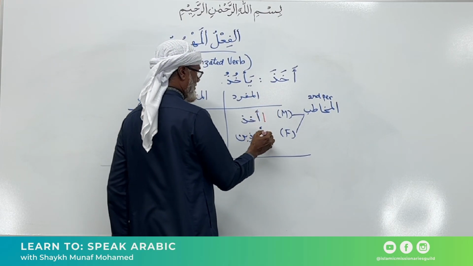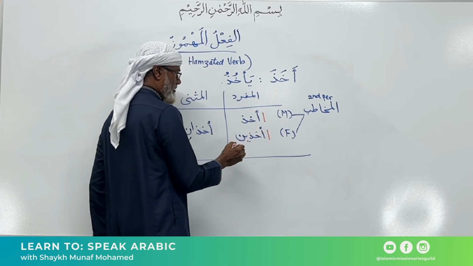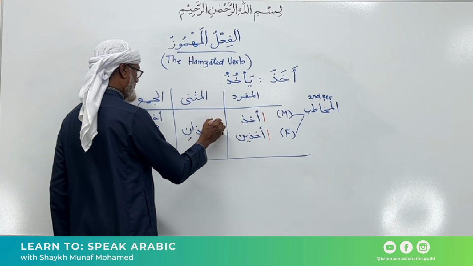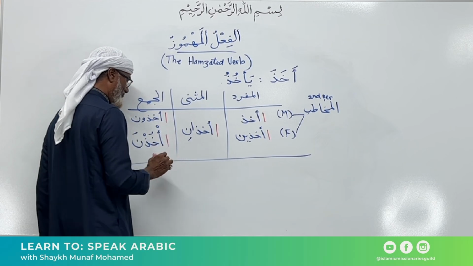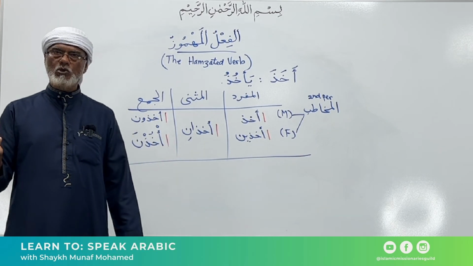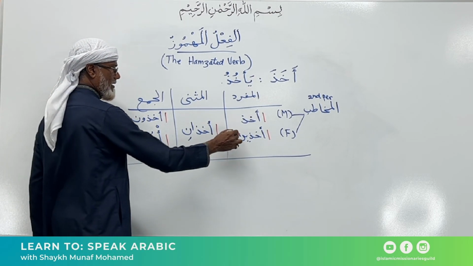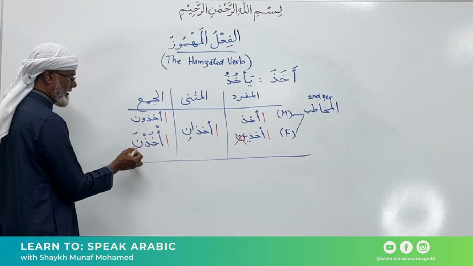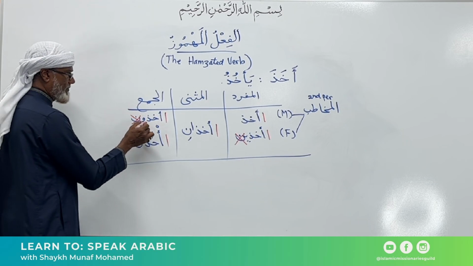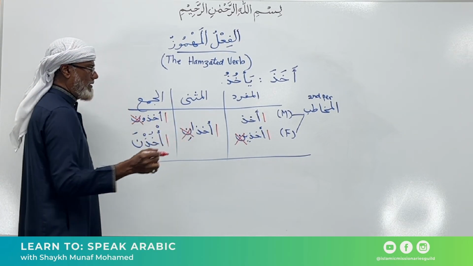Alif, alif. And then we were told all of the noons were to drop out, except the noon on this one that remains. So this noon drops out, this noon drops out.